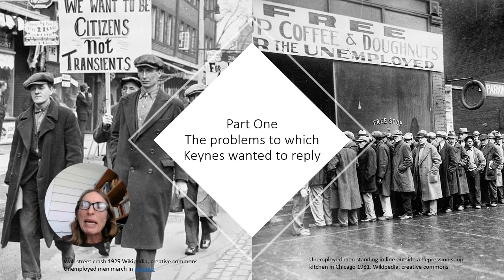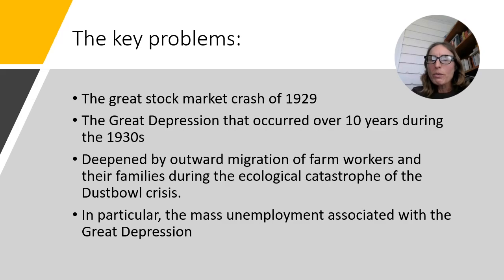So let's turn immediately to part 1, the problems that Keynes shouldered, the problems to which Keynes wanted to reply. We'll talk first about the great stock market crash of 1929. And we'll talk then about the Great Depression that occurred over the 10 years after that, during the 1930s.